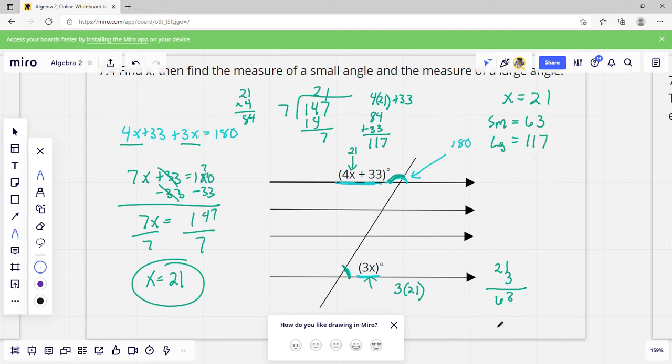Now when I add my small and my large together, I should get 180. So we can double check. 63 plus 117, that is 180. Right? So the key to this one is knowing that our large angle plus our small angle equal 180.